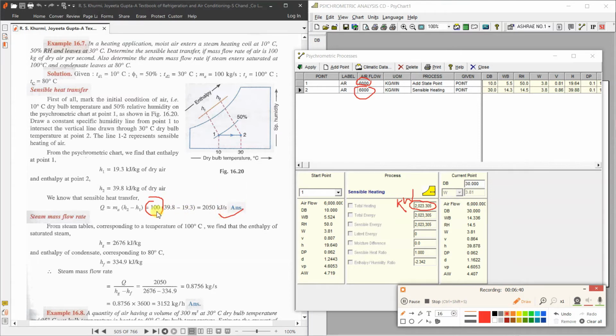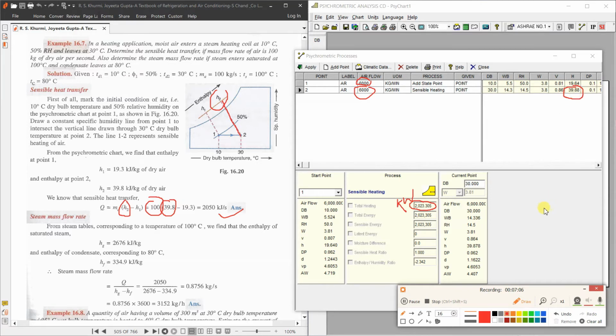Okay, now you can check the value of H2, enthalpy of 0.2. That value is 39.8 in this textbook, whereas if you consider 0.2 here, the specific enthalpy is 39.88 kilojoule per kg of dry air. So some difference of value is there.